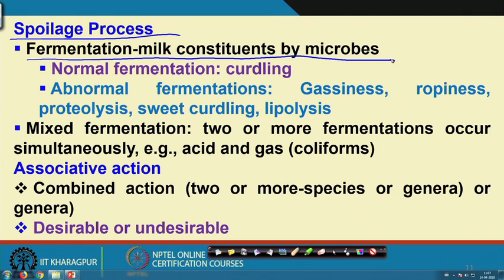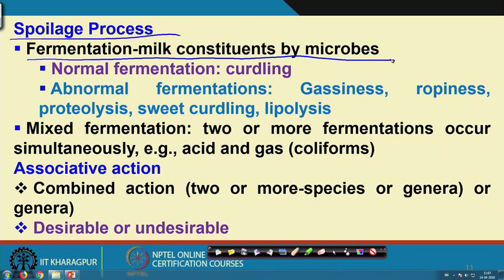If it is abnormal fermentation, then it could produce gasiness, gas may be produced, or some ropiness, rope-like structures may be there in the milk or milk product, right.